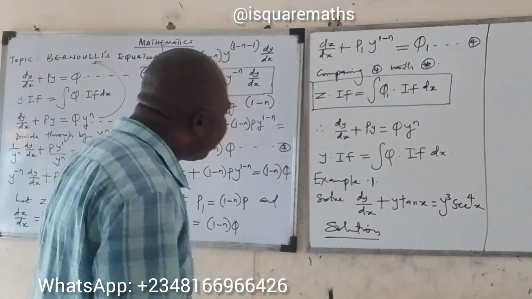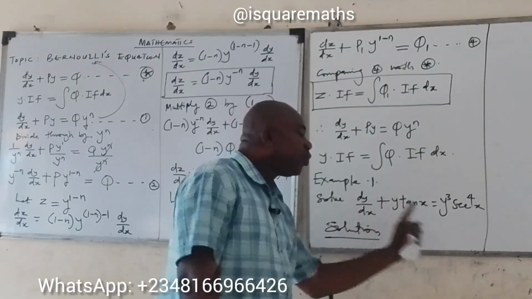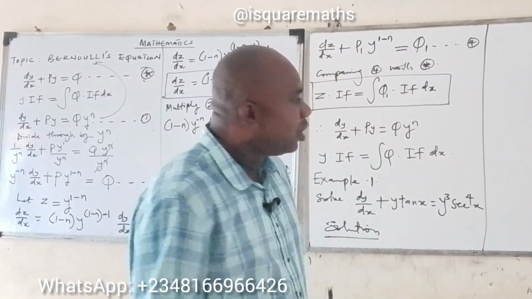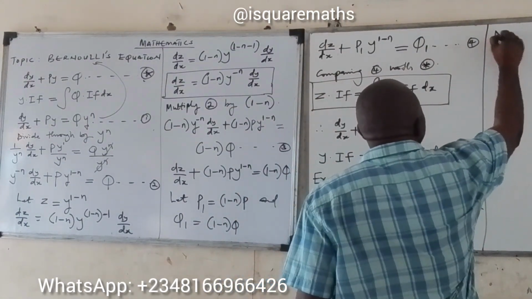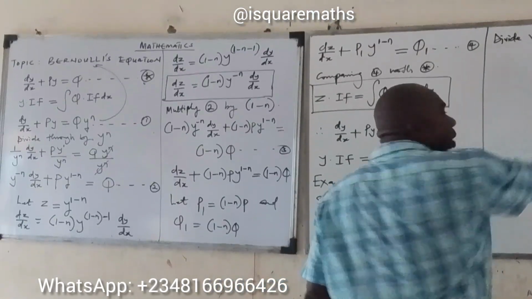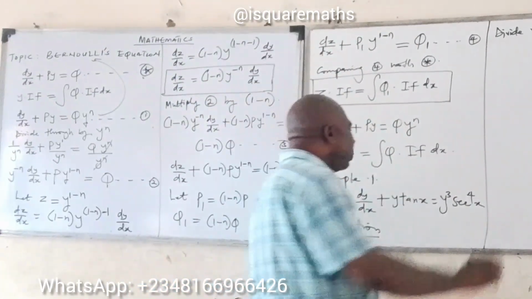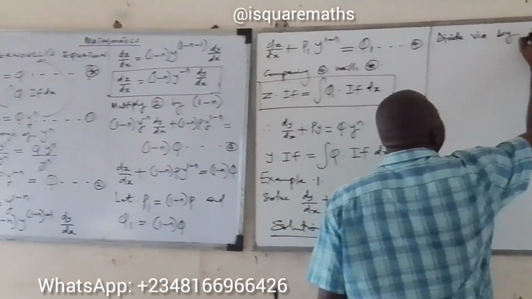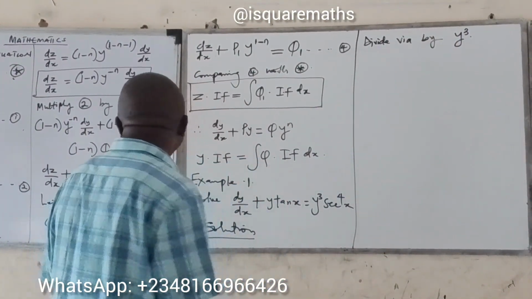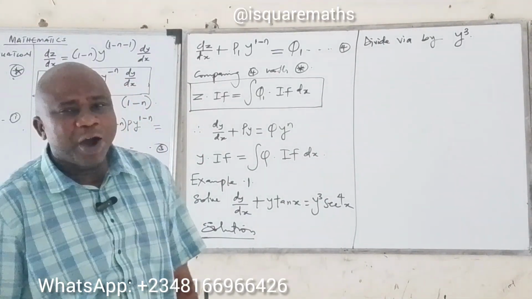So the first thing to do is to divide all through by y raised to the power of 3, just like the way we divided through by y raised to the power of n.